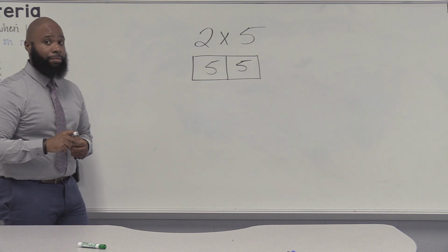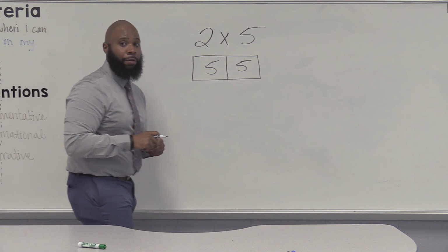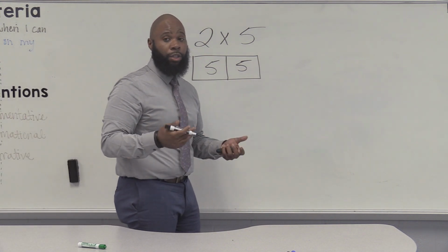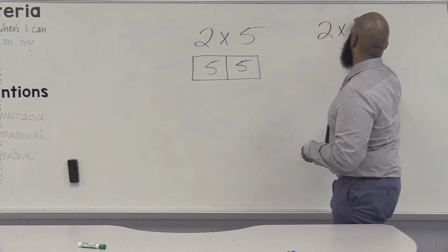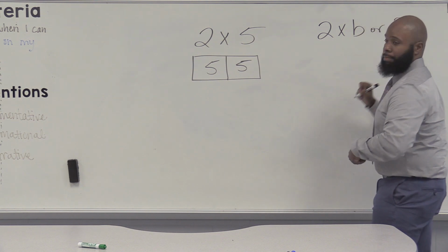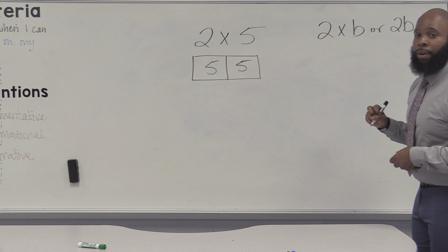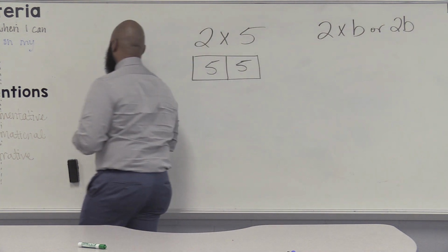All right, so now, knowing how to use a tape diagram, we're going to create a model for 2 times b, or 2b. Using what we previously used, see if you can create your model.